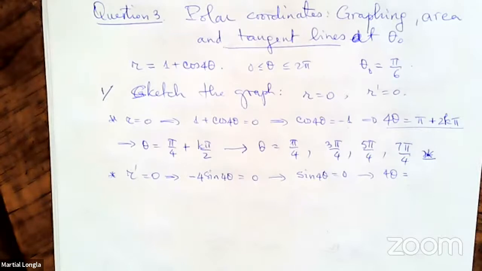0 is one of them. Is it the only one? Is pi one of them as well? Is it the only one?